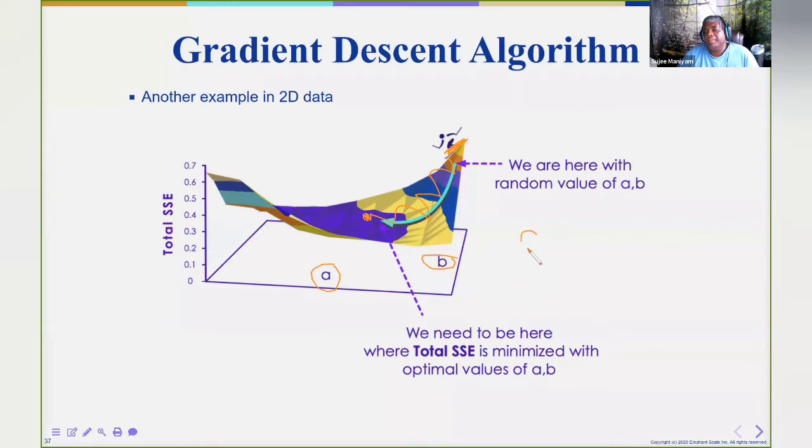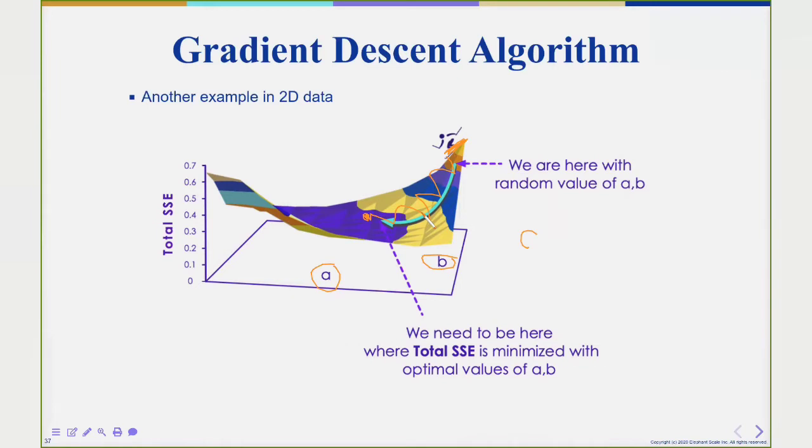Now, what if I had a third variable, a, b, c? Let's say I have three variables. Can you tell me what the shape will look like? With two variables, it is like a surface. But with three variables, can you envision what it would look like? What do you think?